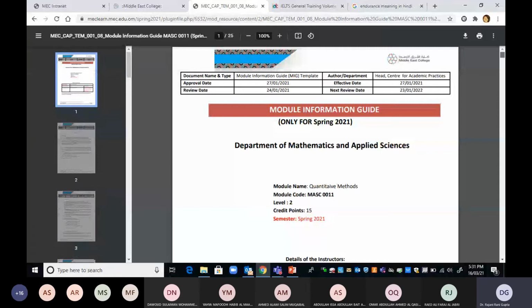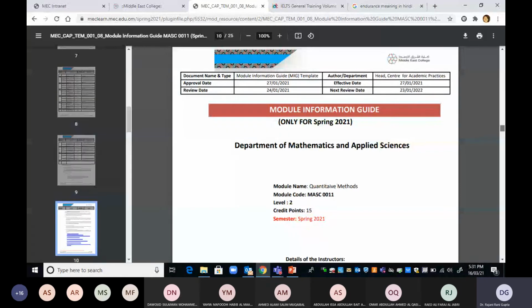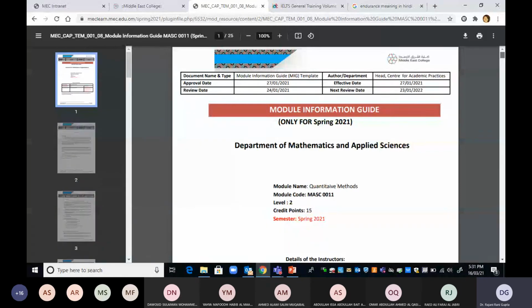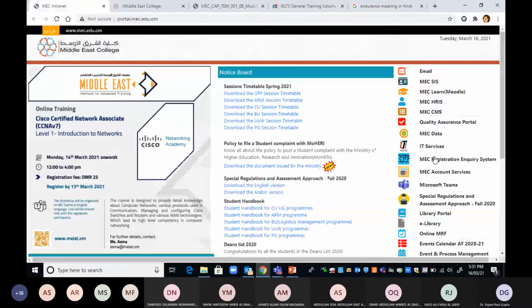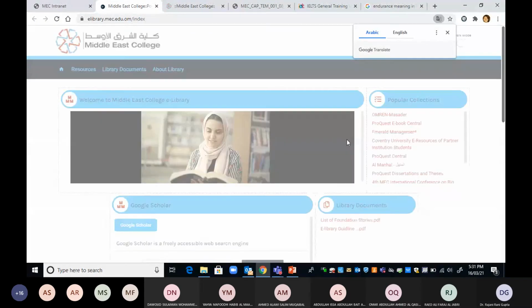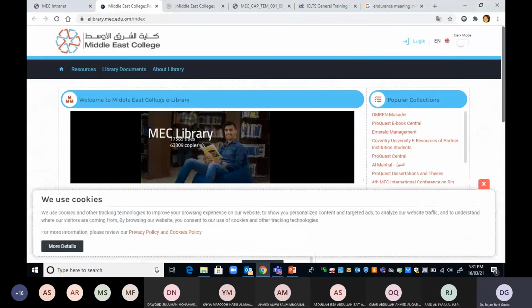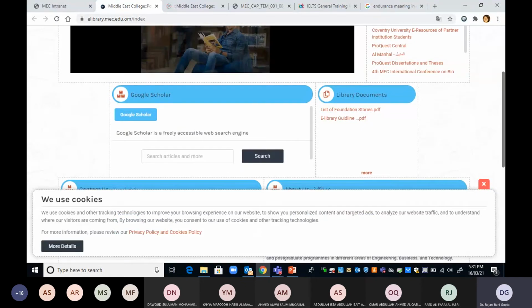And you can even access the library online, the e-library. If you go to the e-library, you can find some books over here as well. But the thing is that you have to search it by the topic. This is what I explained last time as well.